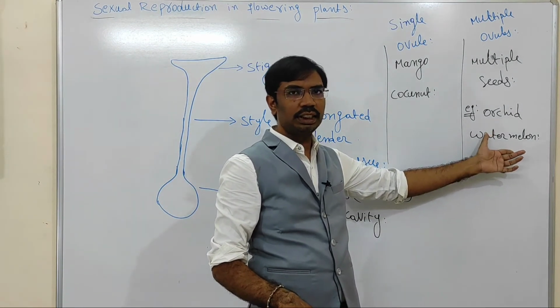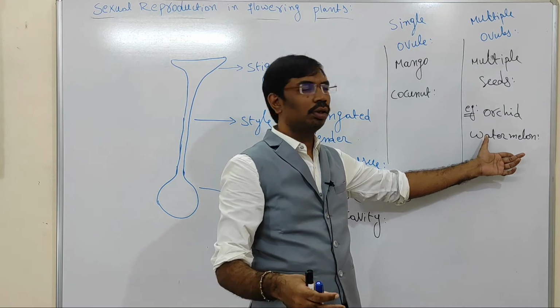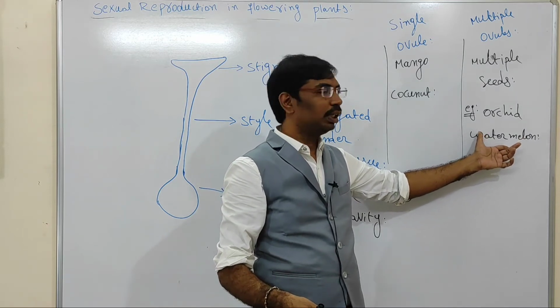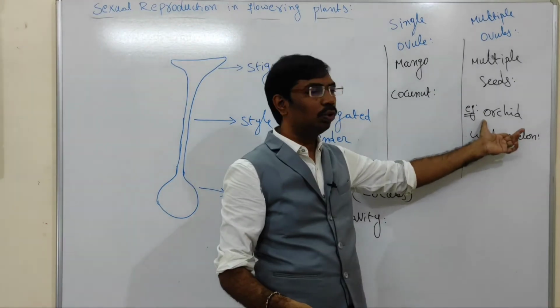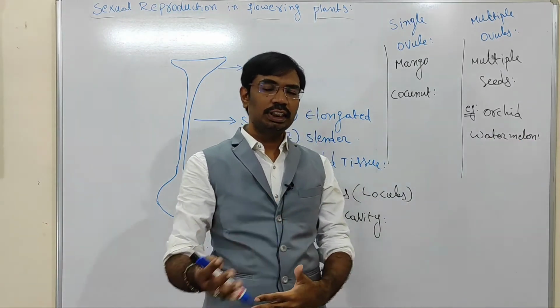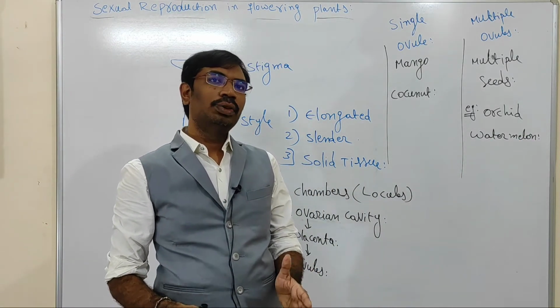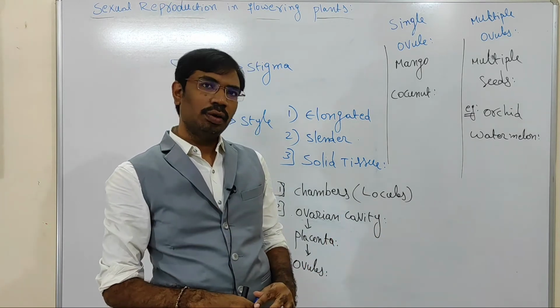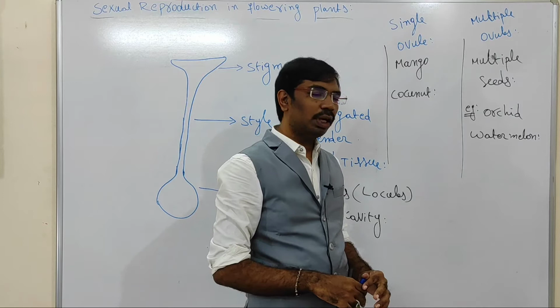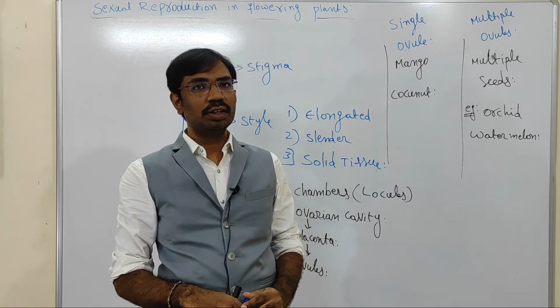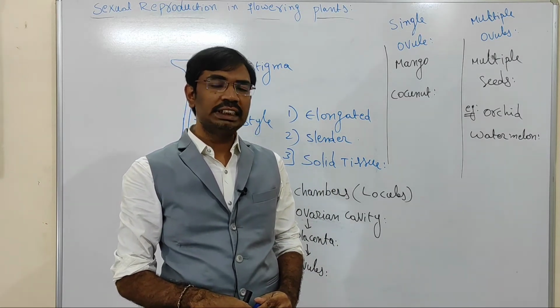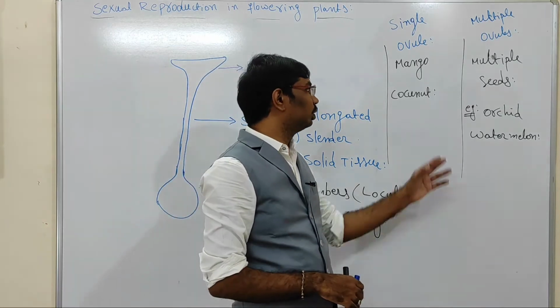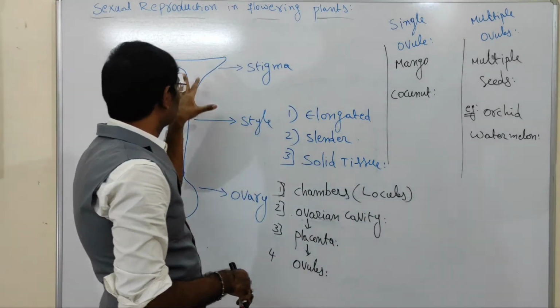If more than one seed is present in the fruit, the fruit developed from an ovary containing more than one ovule. So the number of ovules in the ovary is equal to the number of seeds in the fruit. This is the structure of the pistil.